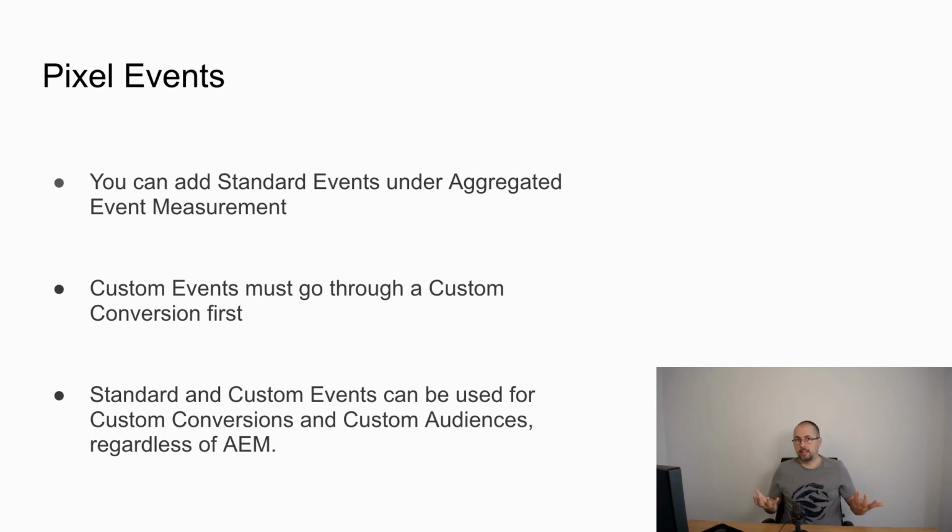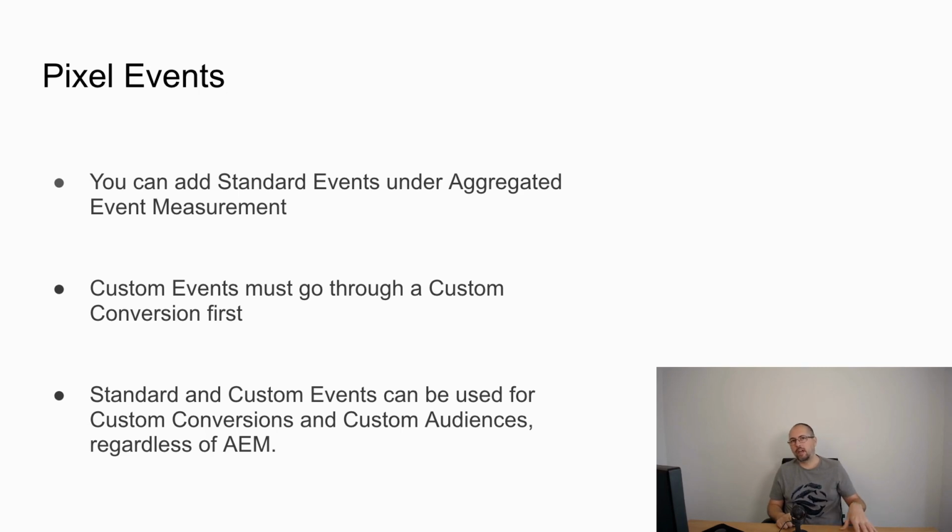In essence, if you want to use a standard event as an ad objective, you have to add it under aggregated event measurement. If you have custom events, so not a standard event but a custom event, you must create a custom conversion first.